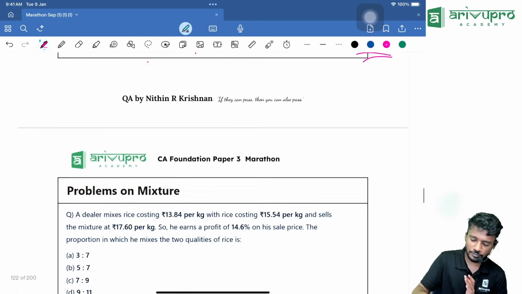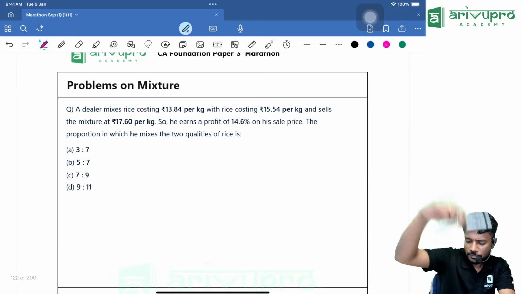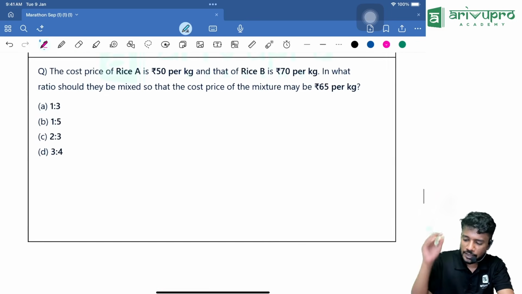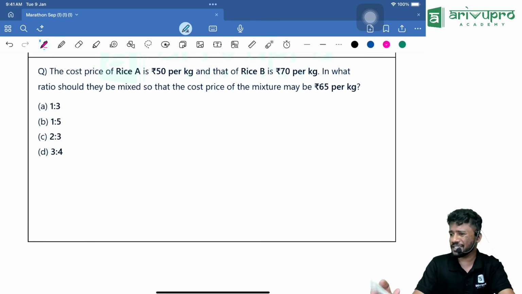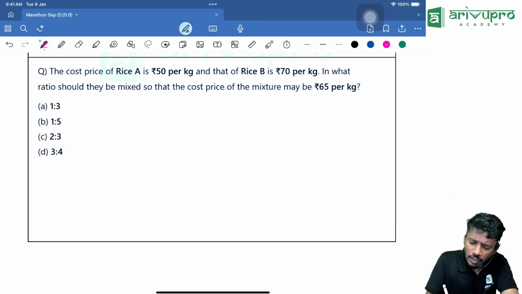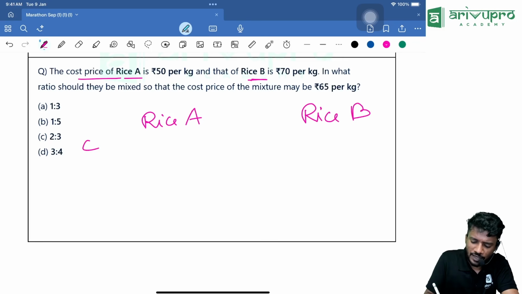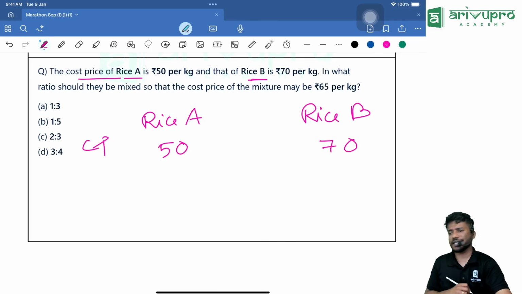Now, mixtures. First, we will do this question, then we will do the previous question. So, a person wants to mix two types of rice. Here, we have rice A and rice B. Their cost prices are given as 50 and 70 respectively.